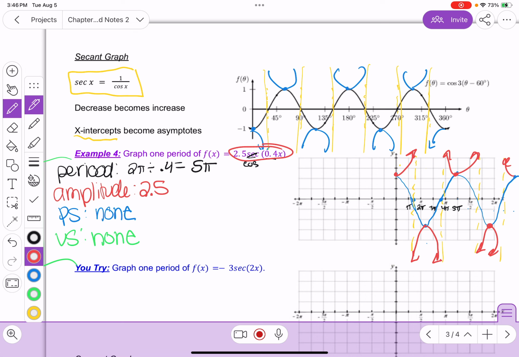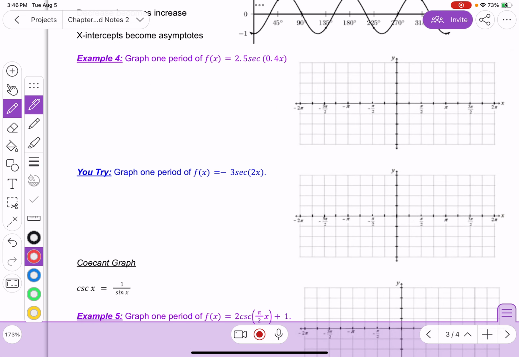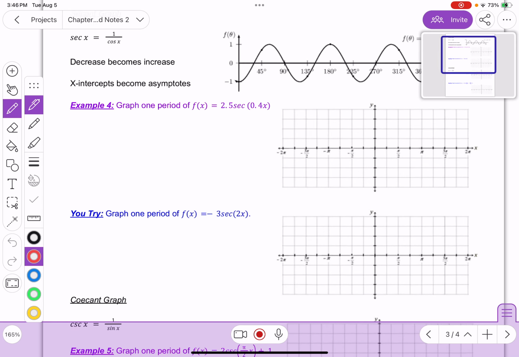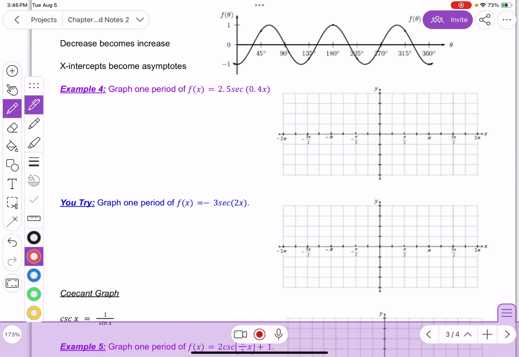That would be perfectly reasonable if it was by hand. Again, you'll be given the red graph and asked questions about it. You just need to be able to find this information, which is no different than finding it on a cosine graph. So why don't you try to find the information on here, and I will rewrite all of that.